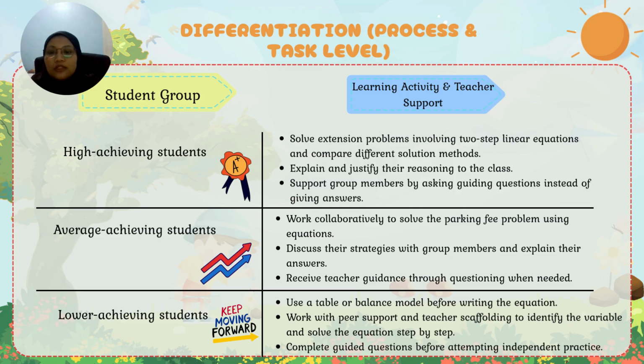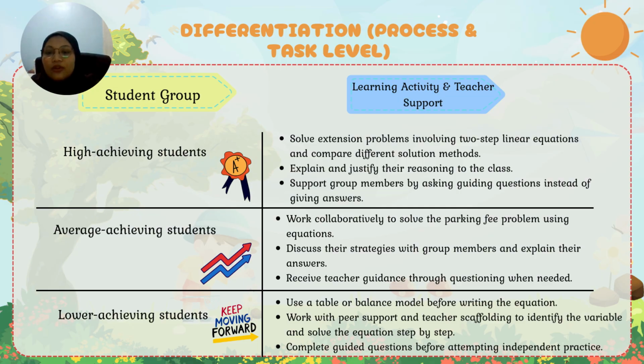Next, the average achieving students can work collaboratively to solve the parking fee problem using equations, discuss their strategies with group members and explain their answers, and receive teacher guidance through questioning when needed.